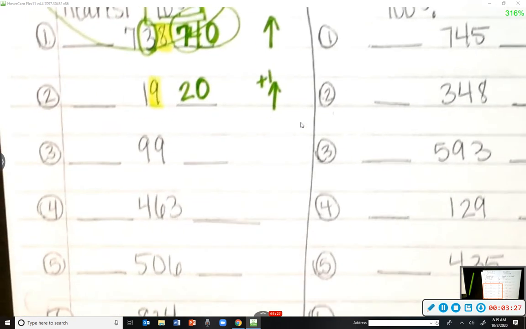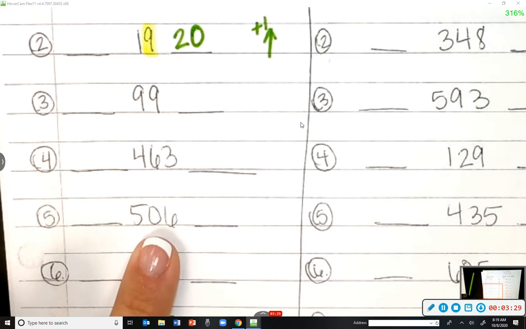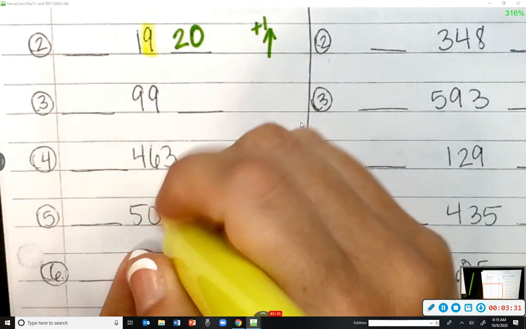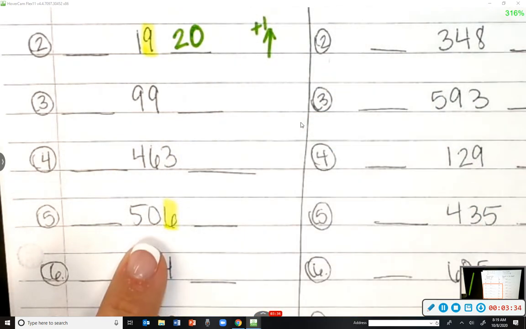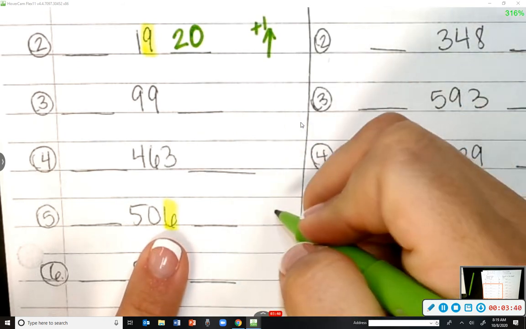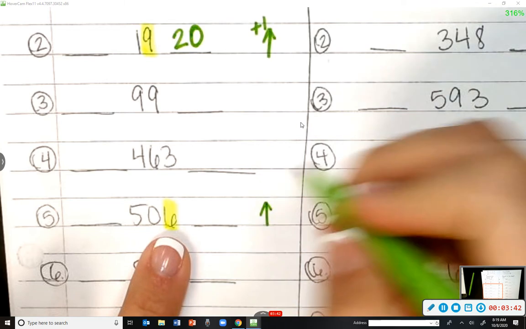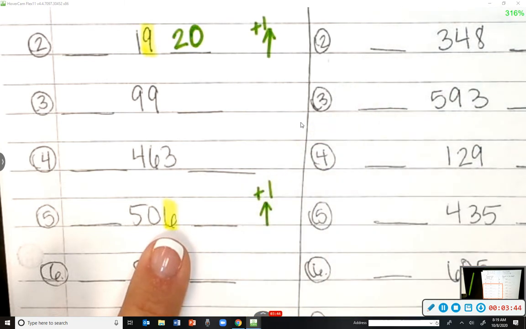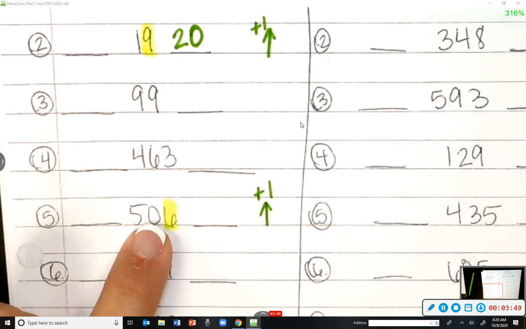Okay, let's try it on number 5. We're looking at the ones place, so I'm going to highlight the ones digit. It's a 6, so am I going to round up or down? Up. Okay, so when I round up, I'm going to add 1 to the place I'm rounding to. I'm rounding to the tens, so I'm going to add 1 to the 0.